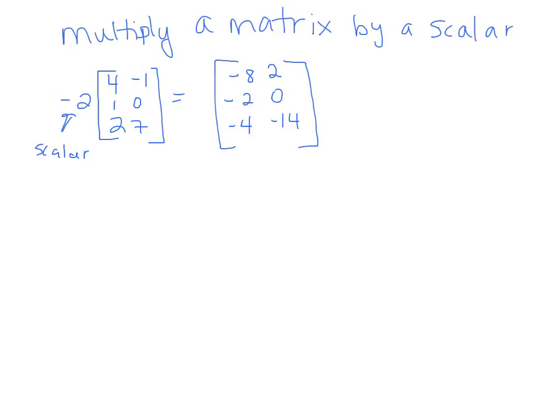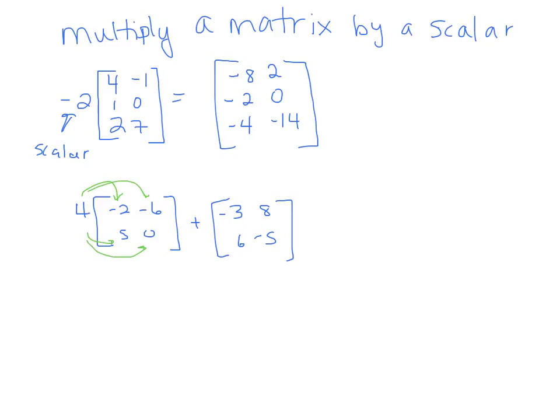And then let's look at one more of these scalar multiplication problems. So let's do 4 times the matrix [-2, -6; 5, 0] plus the matrix [-3, 8; 6, -5]. In this one, we're going to multiply this first matrix all by 4, but not the second matrix, because it just implies that 4 is only times the first matrix.